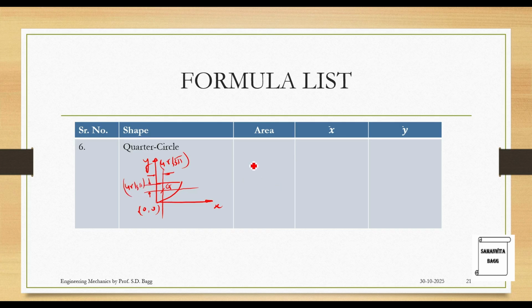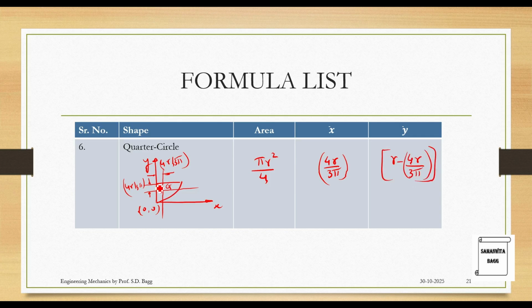So now we are at area pi r square by 4. This gap directly is 4r by 3 pi, and this height is what we have to find. So it is r minus 4r by 3 pi.